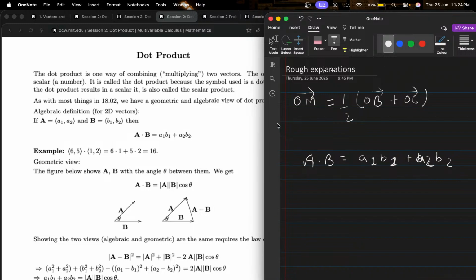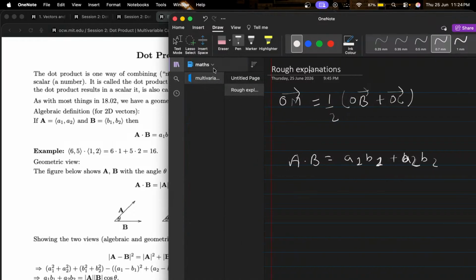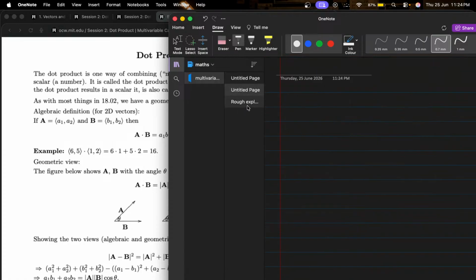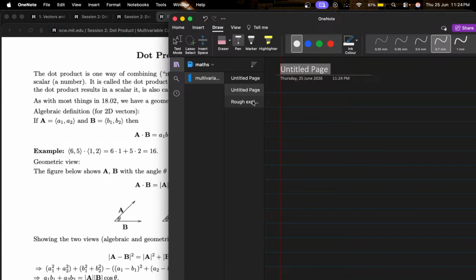I have to make a notebook. New page, let's rename it as silly mistakes. I can write the silly mistakes over here.